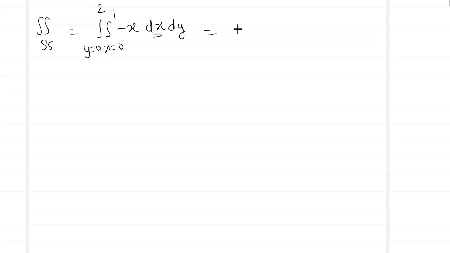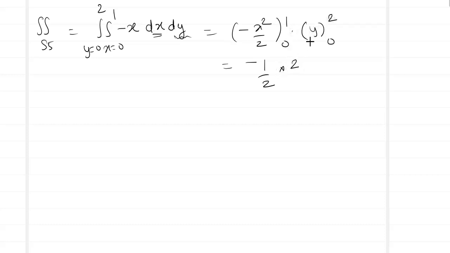Now let us integrate. Minus x on integration is minus x squared by 2 between the limits 0 to 1. And what is dy on integration? It is y between the limits 0 to 2. So this gives me minus 1 by 2 into y, whose limit will be 2.